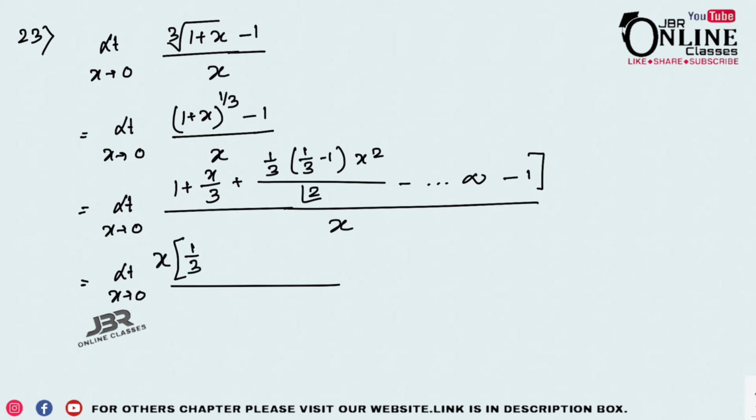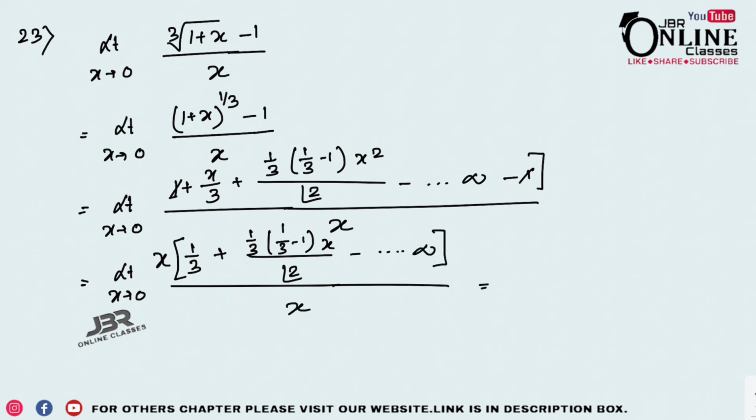The 1 and 1 cancel out, so this is 1 by 3, and then (1 by 3)(1 by 3 minus 1) x by 2 factorial, and so on up to infinity. Now if x equals 0, your answer will be 1 by 3, because x cancels out, so 1 by 3 is the value. And f(0) is also 1 by 3. So that means f is continuous at x equal to 0.